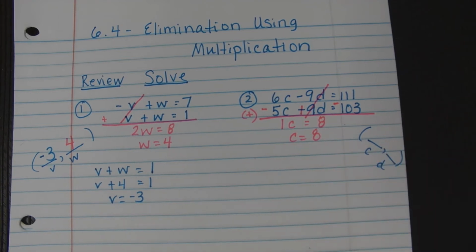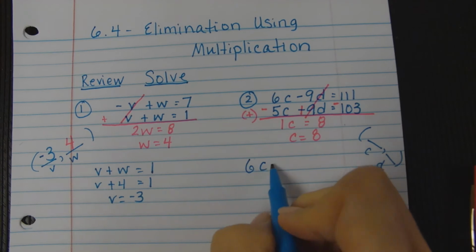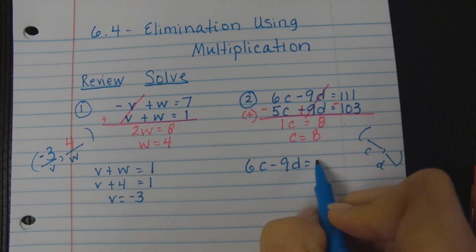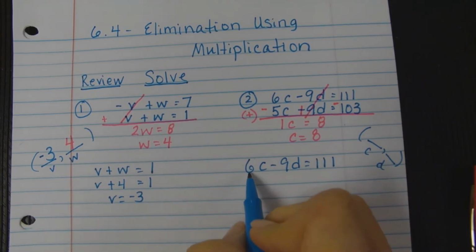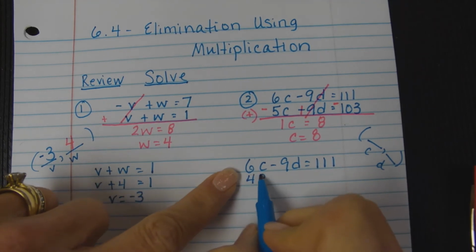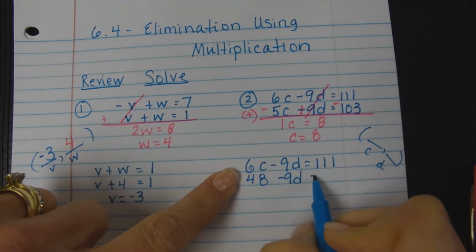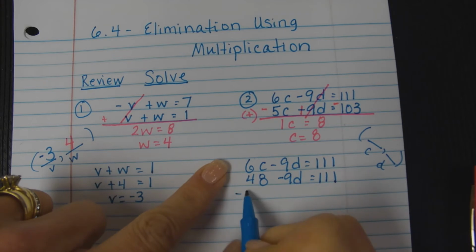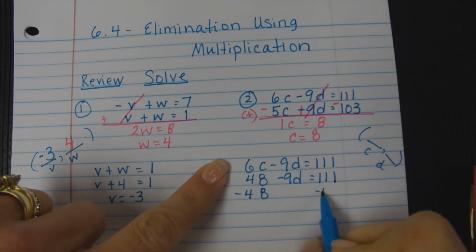All right, has anybody found D yet? All right, so let's do the math. I'm just going to choose the first equation. 6C minus 9D equals 111. 6 times 8 is 48 minus 9D equals 111. Subtract 48.